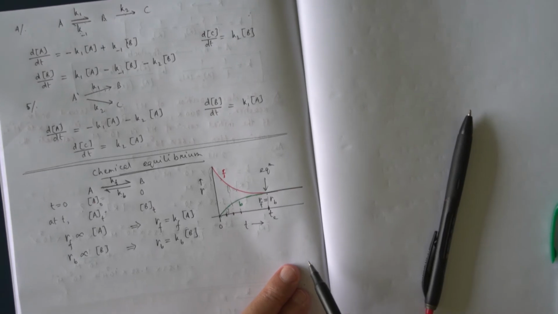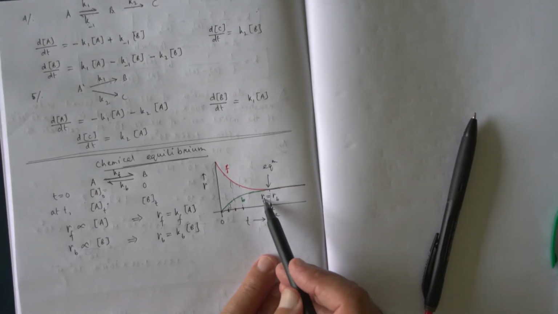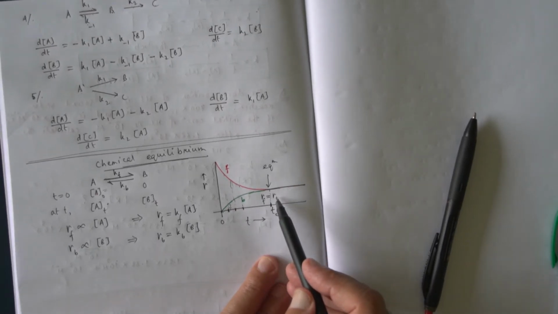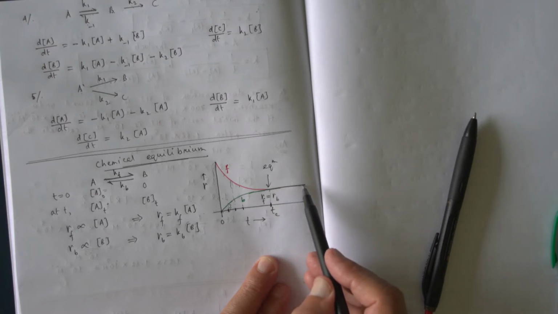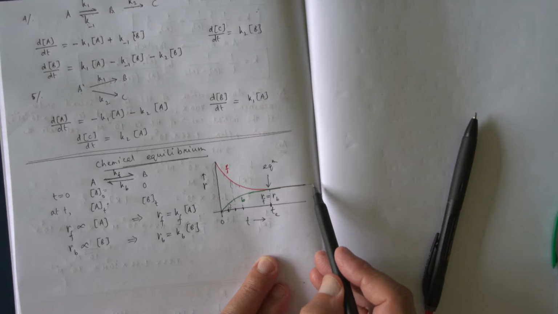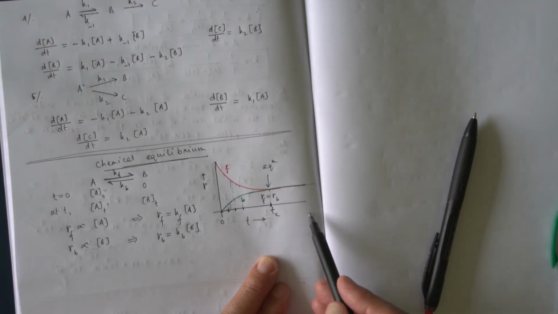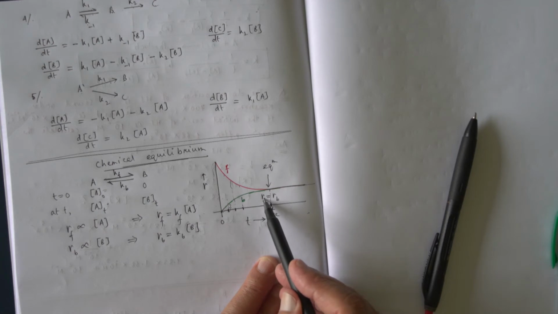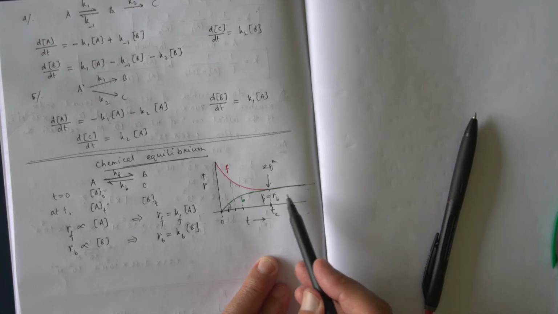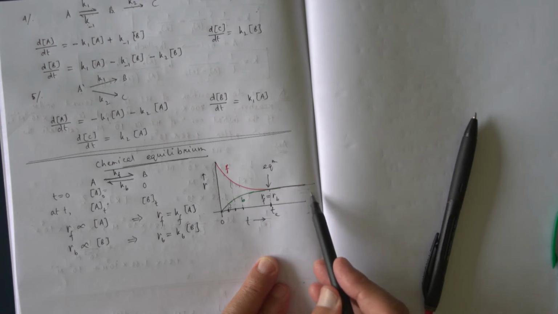Chemical equilibrium means speed of forward reaction equal to speed of backward reaction. Now after this time you see, as time increases, speed of forward reaction remains equal to speed of backward reaction.